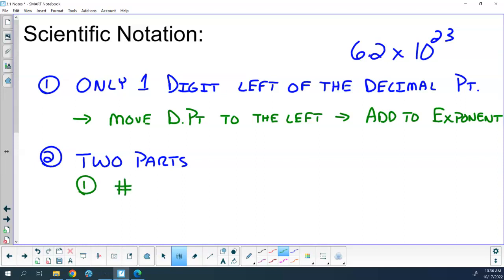That's where rule number 1 comes into play: one digit to the left, we've got to move it and all that fun stuff. The second part is times 10 to a certain power. And in scientific notation, that's the only time that we allow negative exponents, because small numbers would be like 10 to the negative 23rd power, and so on and so forth.